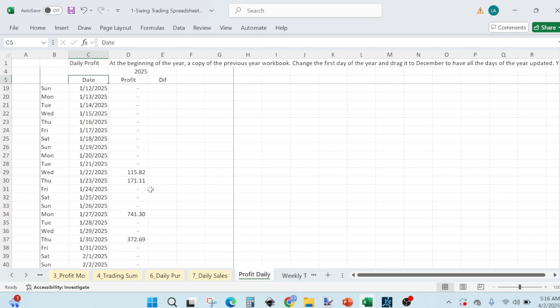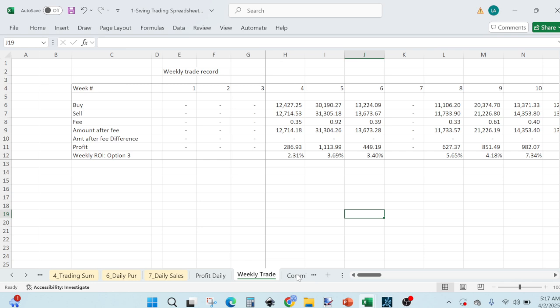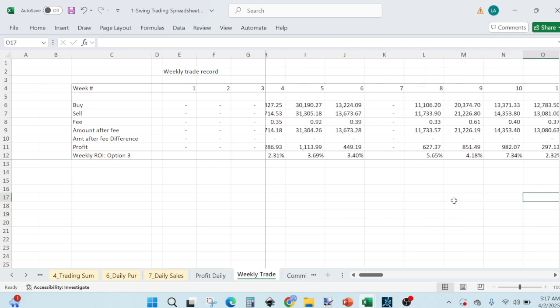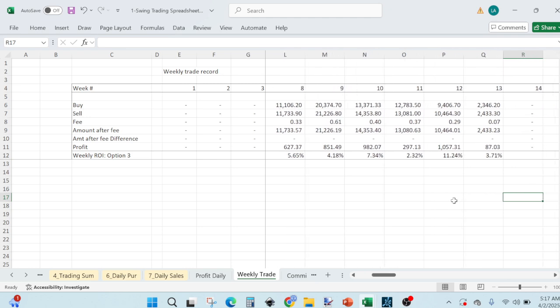So we have our daily profits in this column here, and our weekly trades, from week 10. You can see in week 10 the stocks that we purchased, the stocks that we sold, and how much we paid for those specific stocks is what got pulled into the spreadsheet here.